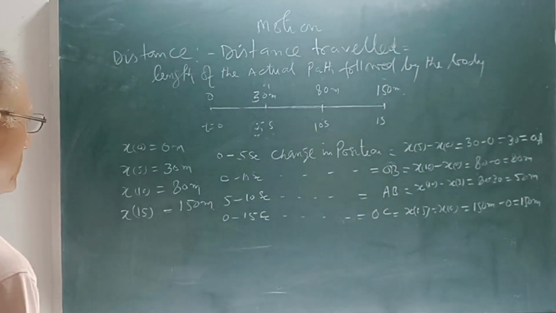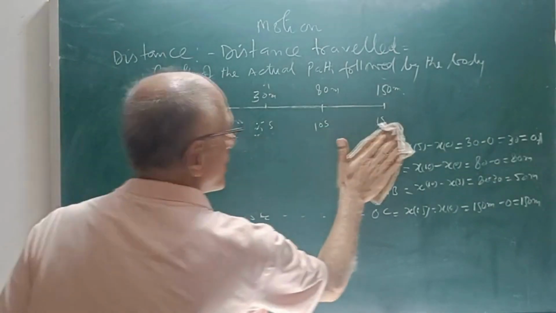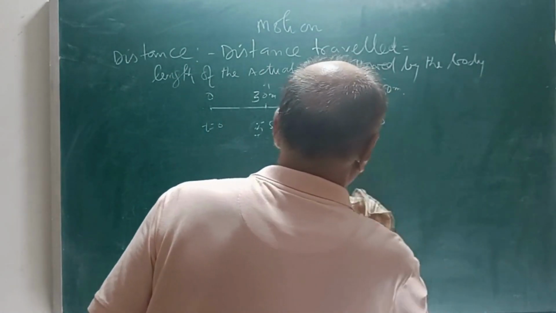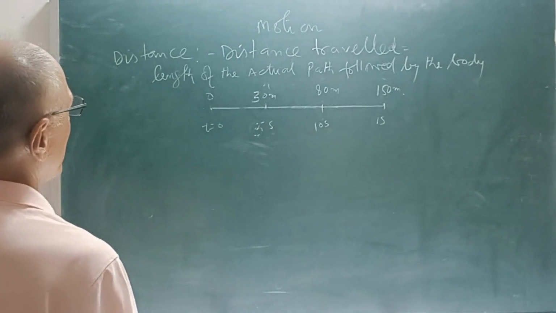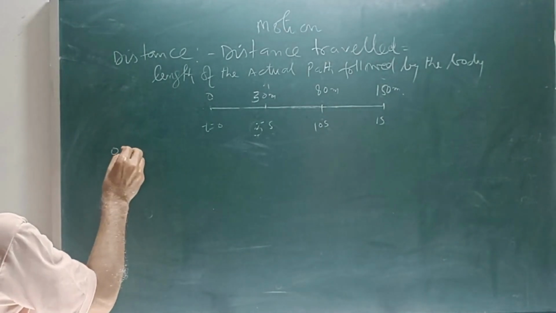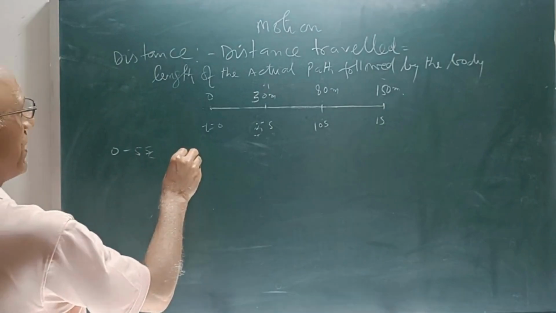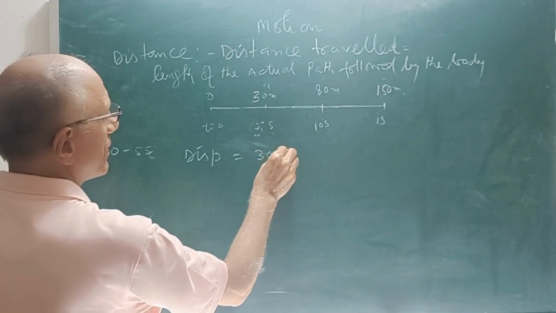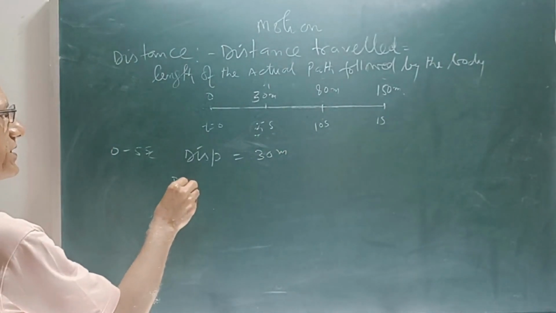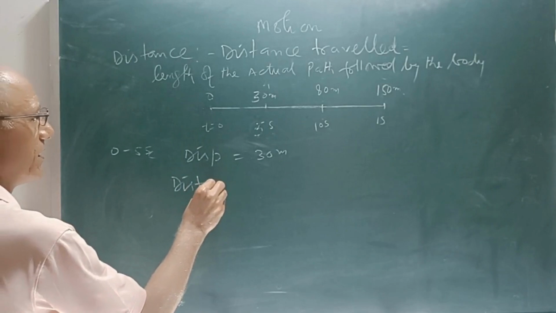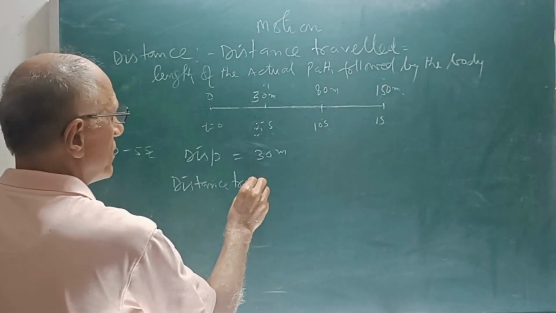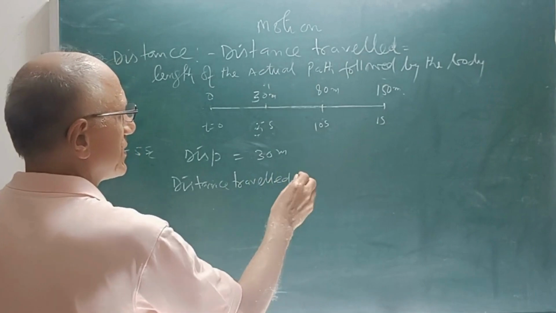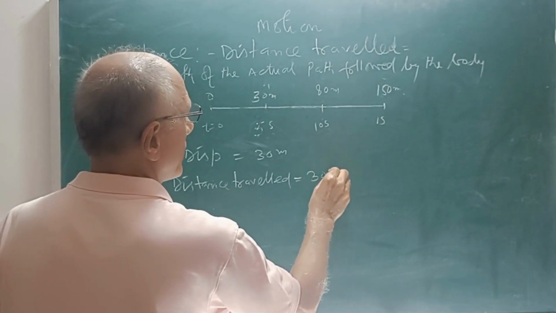So I'll just rub this. During 0 to 5 seconds, displacement is 30 meter and distance traveled, later on I will write only distance, is also 30 meter.